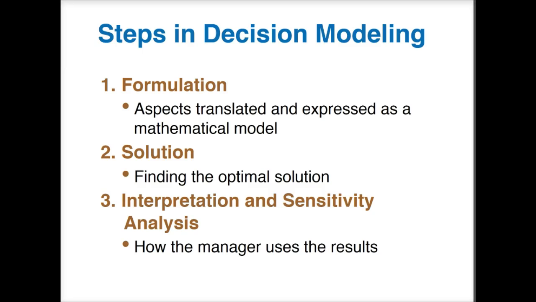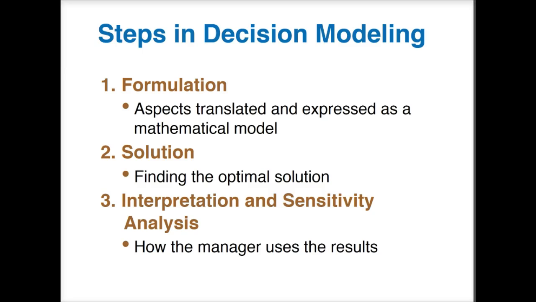So the next thing is, after we formulate our model and we test it out, the second part is just finding what the solution is, okay? And then the third part will be interpretation and sensitivity analysis. We will get into the sensitivity analysis part of it in Unit 3.